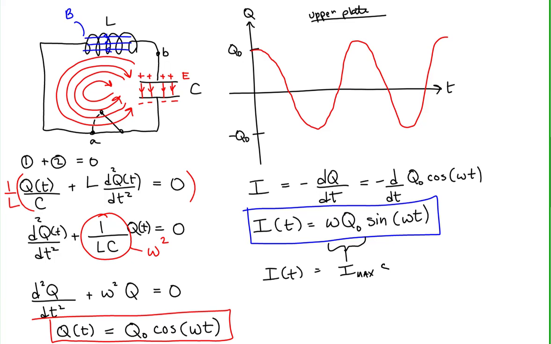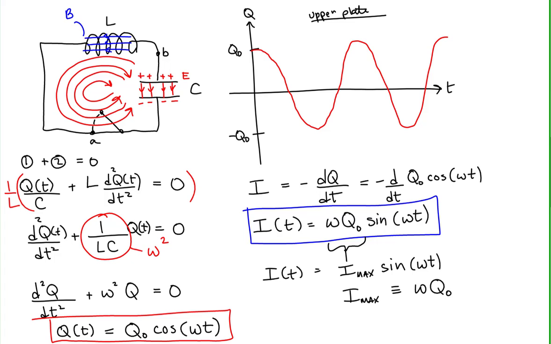And so we have the amplitude of current, Imax, is equal to, or we're defining it as, the product of the angular frequency and the initial charge on the capacitor's plates. And this is a sine function. Remember, sine and cosine are out of phase by 90 degrees.